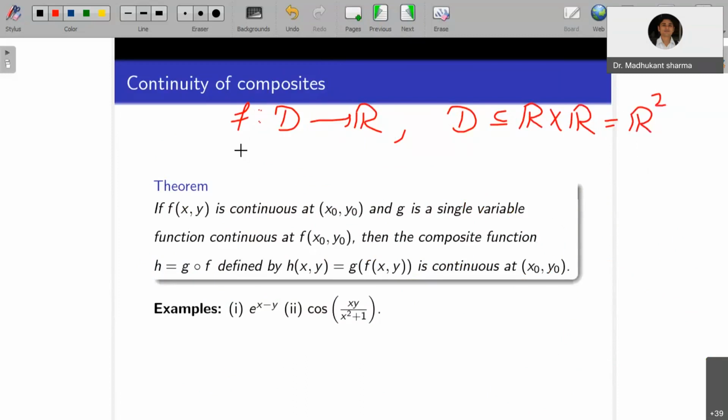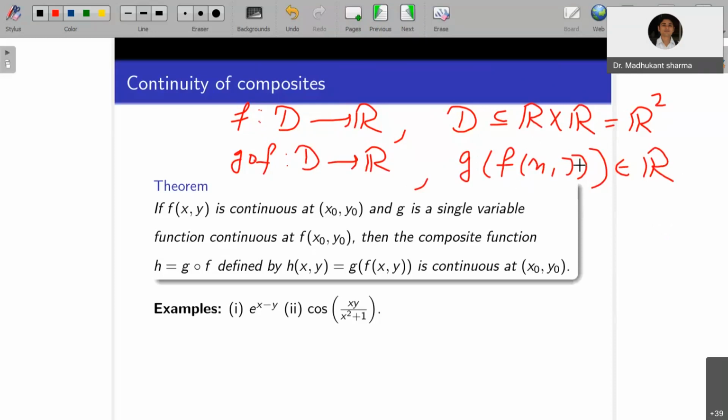And I want to make G composed with F. But F is real valued because F will give you a real value. So G can be acting on a single variable. G could be only a single variable function. That should be very clear. G compose F: D to R. So G of F of (x, y) belongs to R.